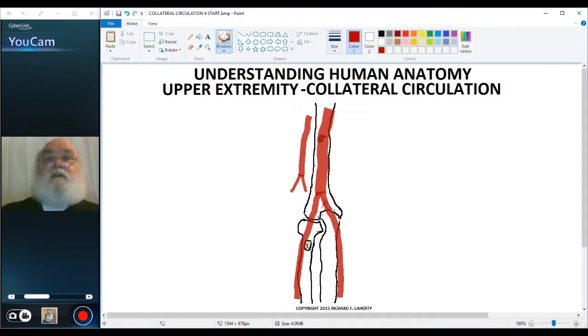And then we need the common interosseous, which divides into an anterior interosseous and a posterior interosseous.